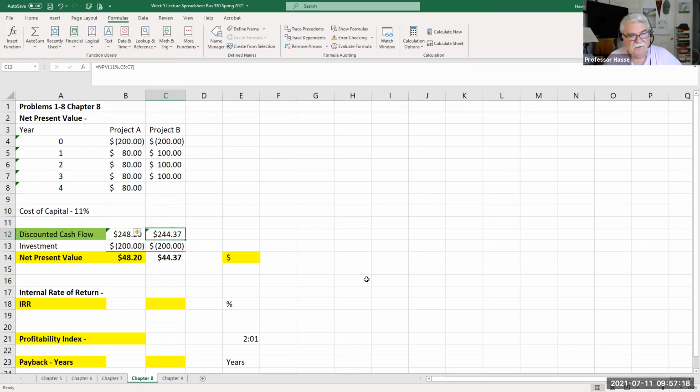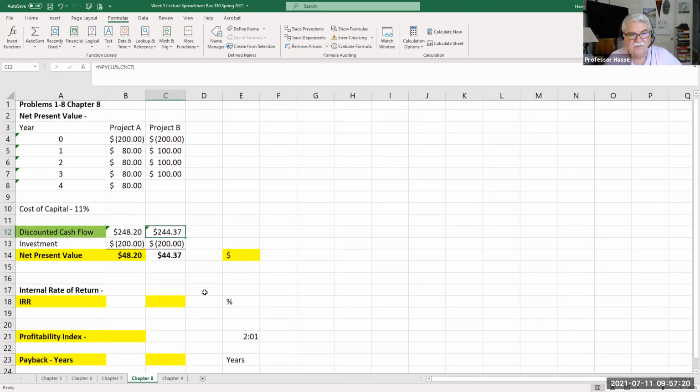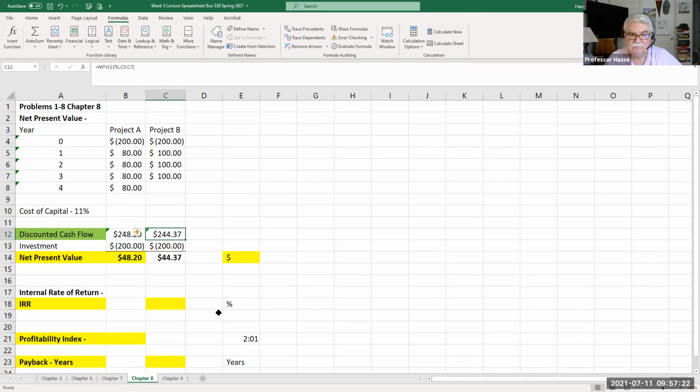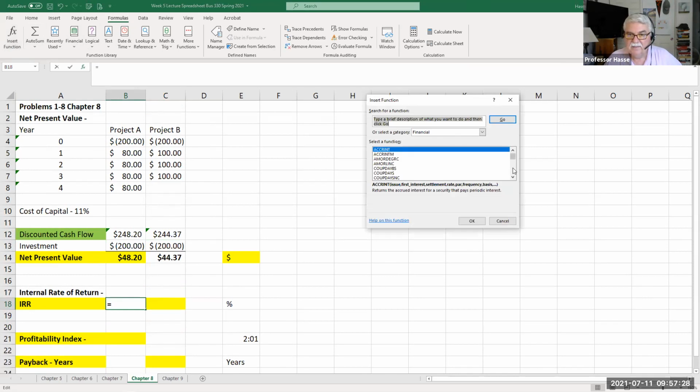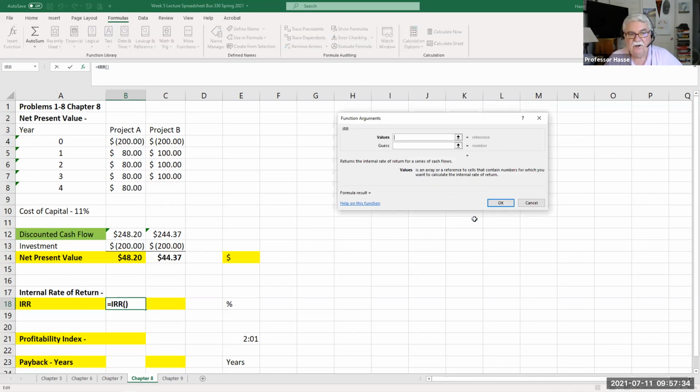The internal rate of return is, what is this return in a percentage? Formula, function, financial, internal rate of return, IRR. And here all you have to do is put in the values from year 0 to year 4.